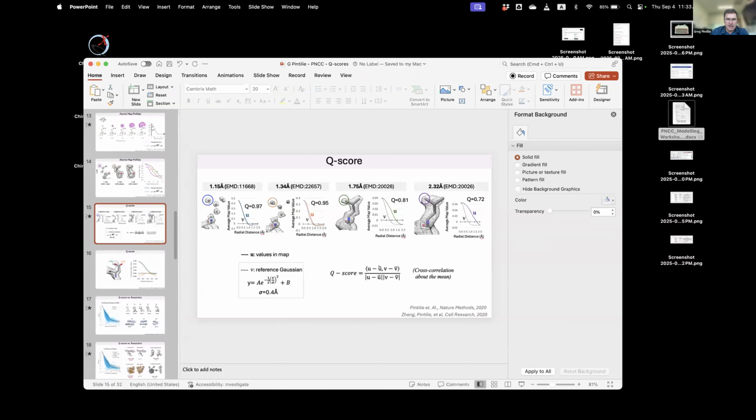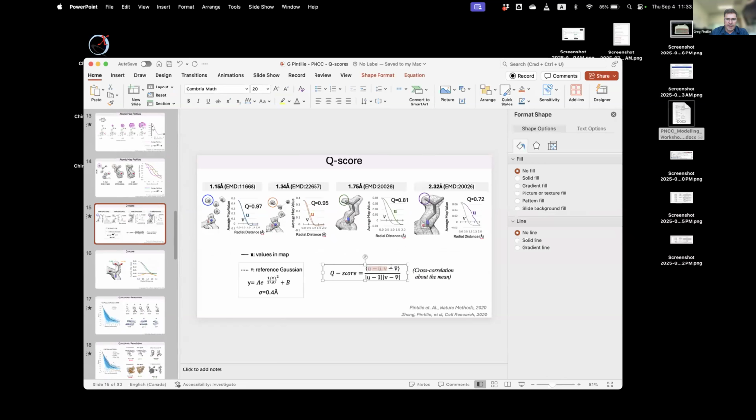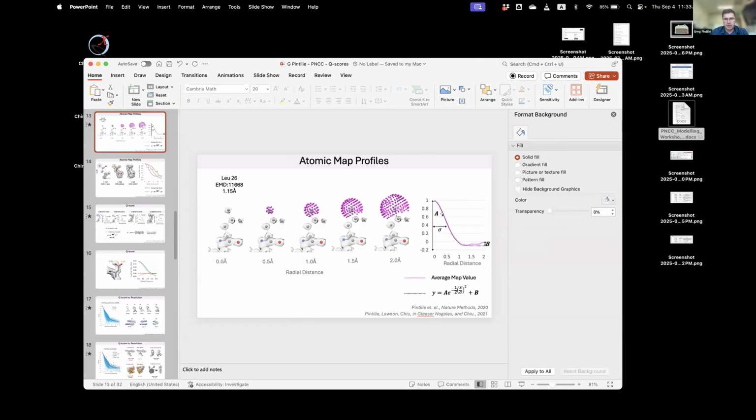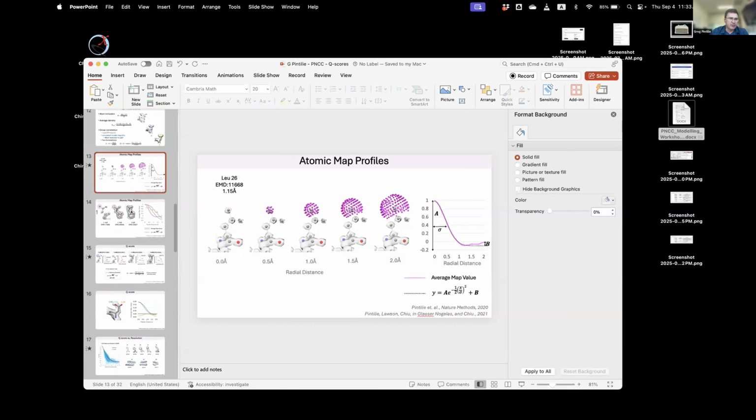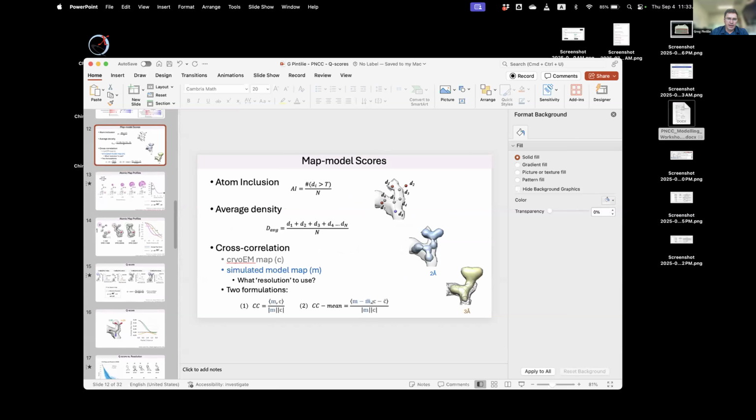If we look at the formulation again, when we calculate this correlation, we subtract the mean. So you might imagine that if you subtract the mean from this Gaussian, its center is going to go to 0. And then you subtract the mean from this atom profile, and its center will also go to 0. It just turns out that this formulation where you subtract the mean is slightly more robust.